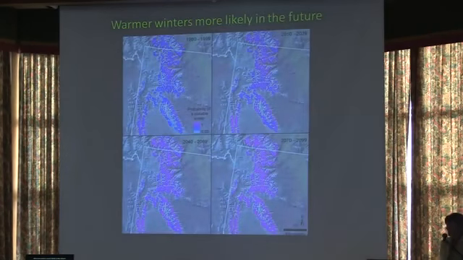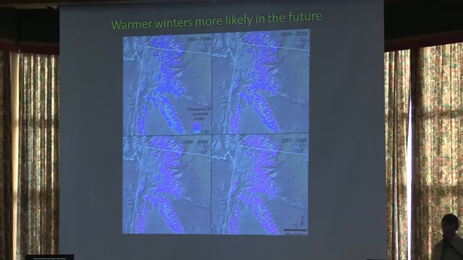This is just looking at that spatially. What's the probability in these time periods? This is 1960 to 1999, then 30 years from 2010 to 2039, 2040 to 2069, and 2070 to 2099. What's the probability of there being a winter warm enough to support beetle populations?